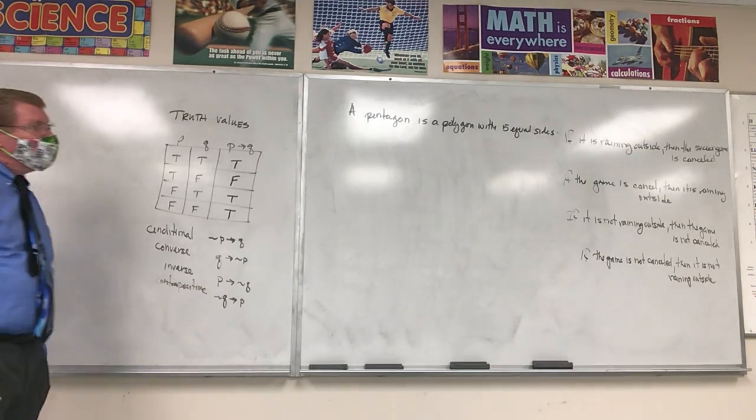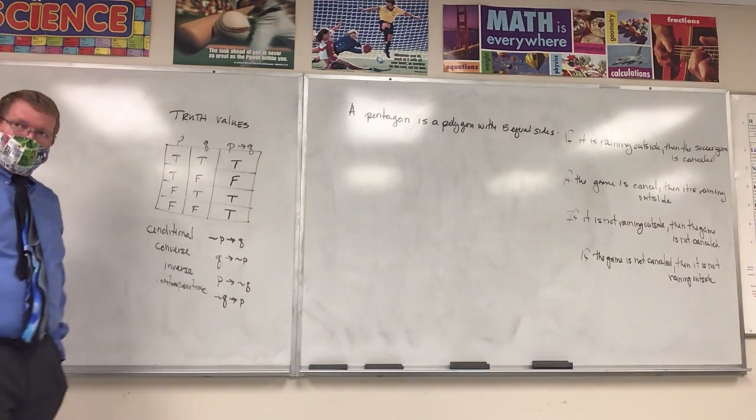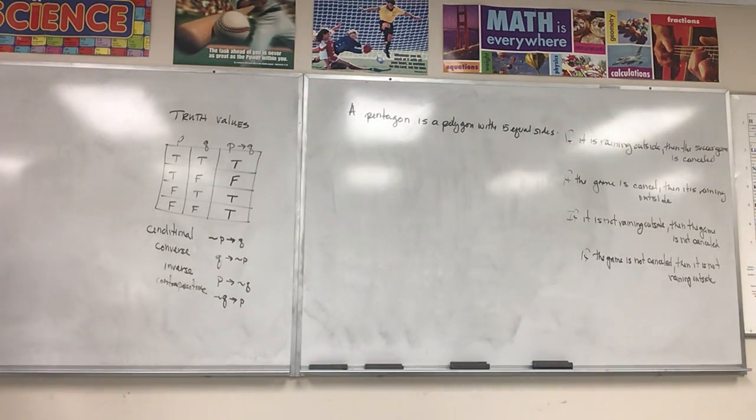Aaron? A polygon has 5 equal sides, and then it is a pentagon. What's the conclusion in this statement? The 5 equal sides is the conclusion, right? So we want to make sure in our conditional that's the conclusion.